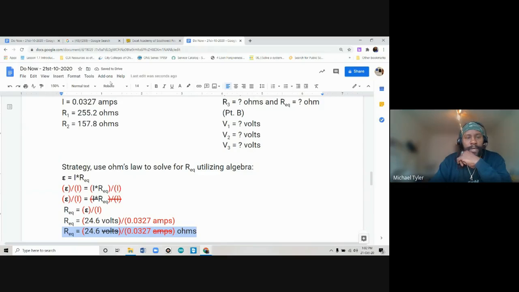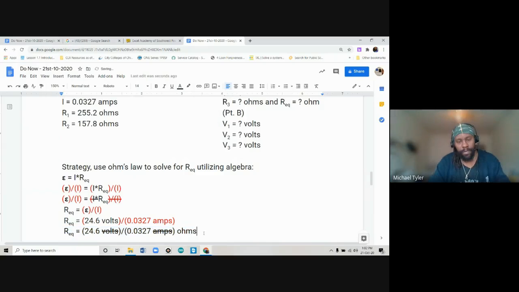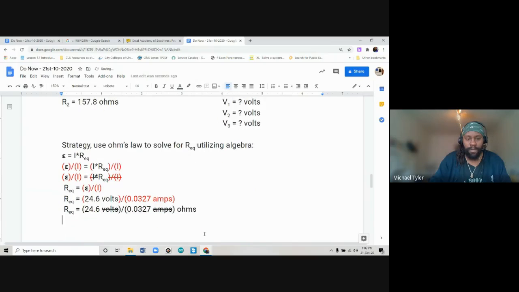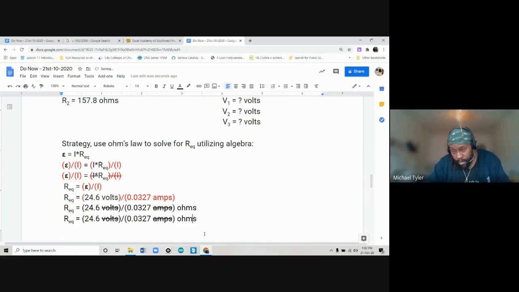Okay, so let's rewrite our equation now. And that's going to look like this, right, where we remove amps and we remove volts. And now we just got to calculate it. So that's going to come to, let's see what Google says. Take this part only. Like Google, how much is that going to be, right?